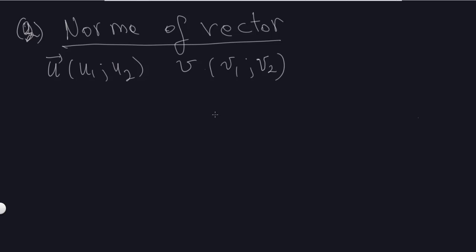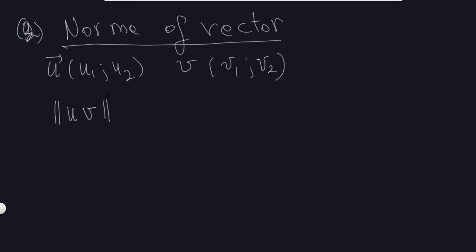Alright, so the norm of a vector uv will be, first you get the component of the vector, which will be this.